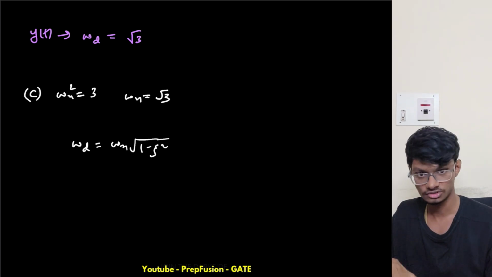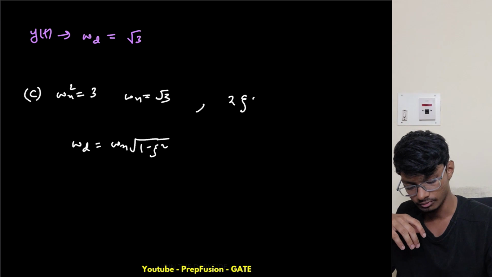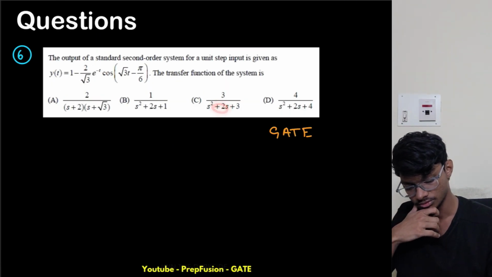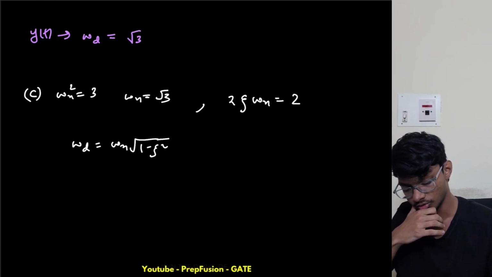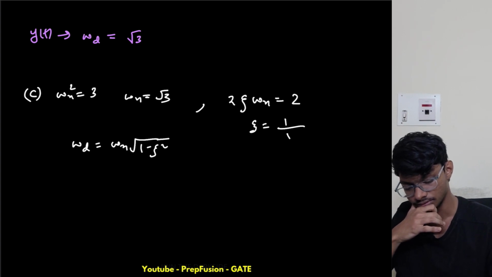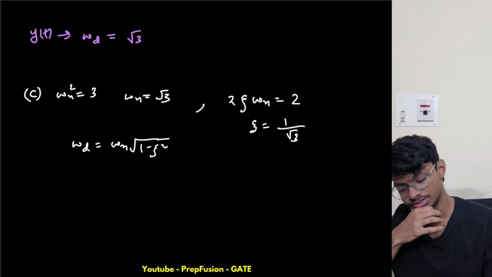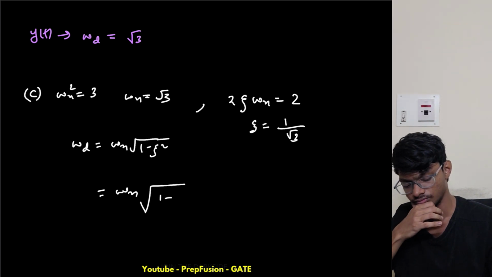So from here I can stop, but still I will derive it. What is my zeta? So I will equate 2 zeta omega n equals this term, which equals 2, right? So this will be 2, and omega n is under root 3, so zeta will be equal to 1 by under root 3, okay. So zeta is 1 by under root 3, so I will write omega n into under root 1 minus 1 by 3, equals omega d.